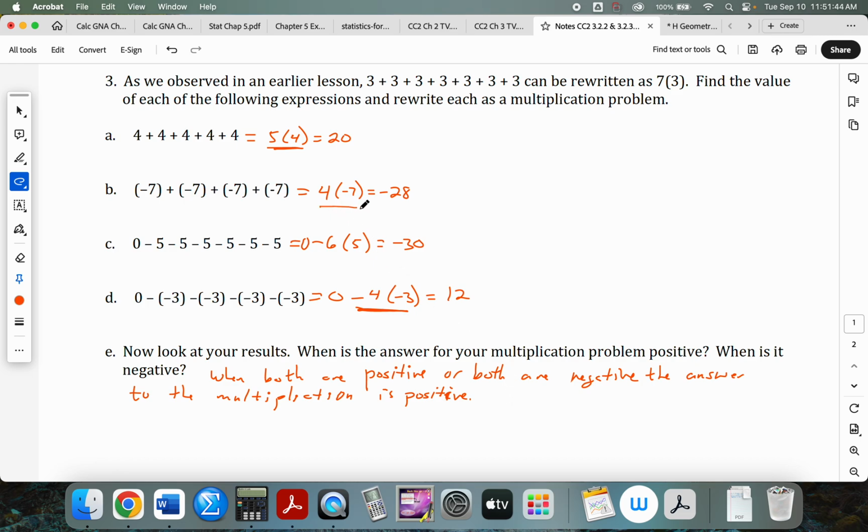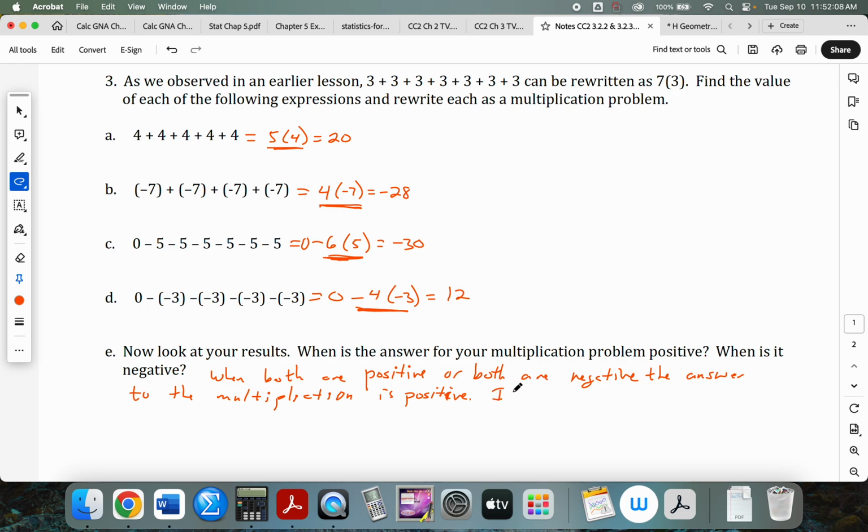So what happens when we end up with a negative? Somebody else. Thank you, though. Yes, Johnny. The answer will be negative when what? When one number is negative, and the other number is? Positive. Yeah, it's important you know about both of them.